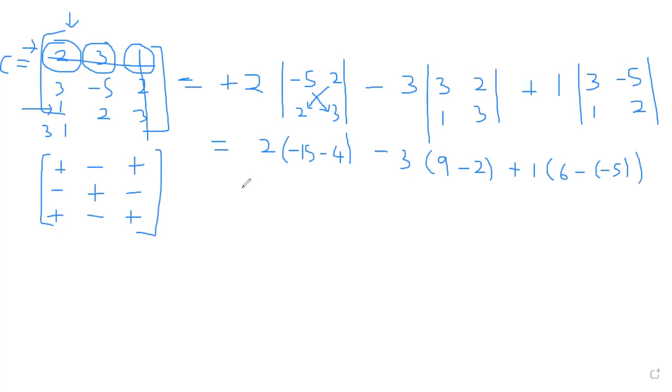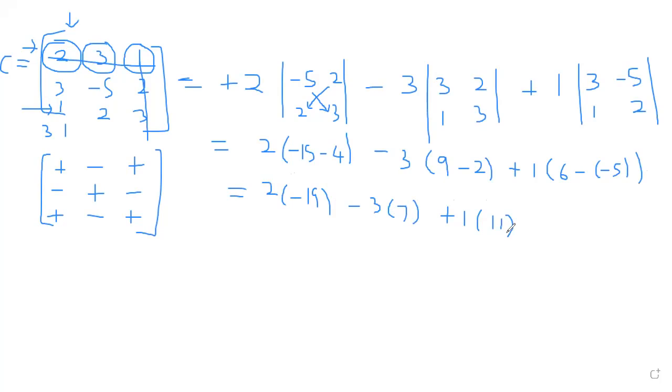Okay, so this will give us 2 times minus 19, then minus 3 into bracket 7, then plus 1 into bracket +11.